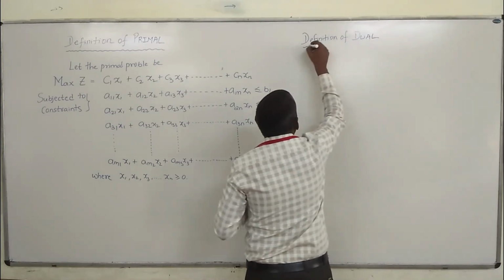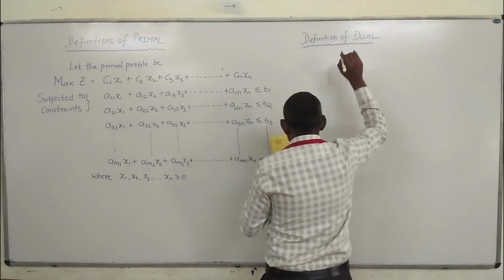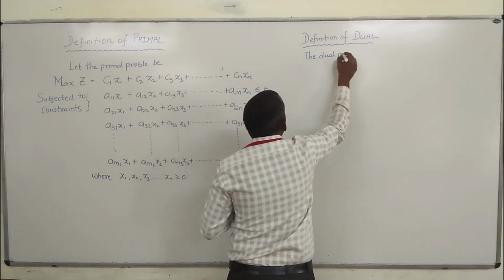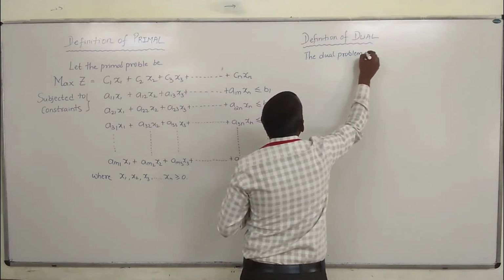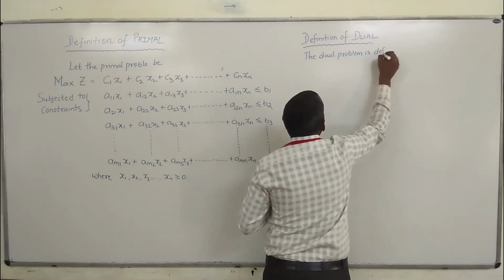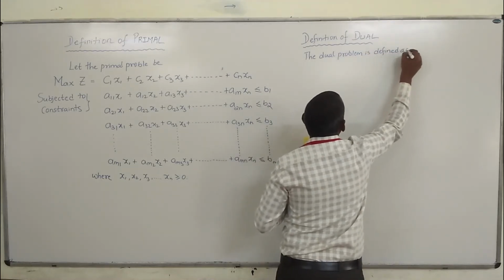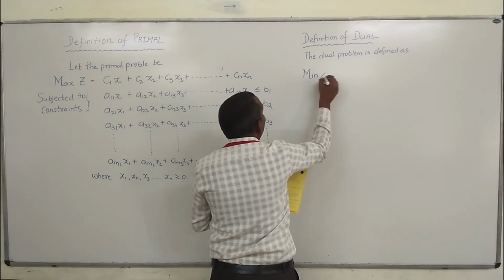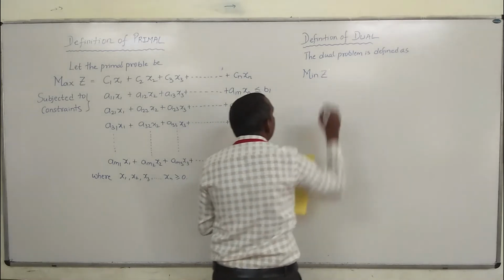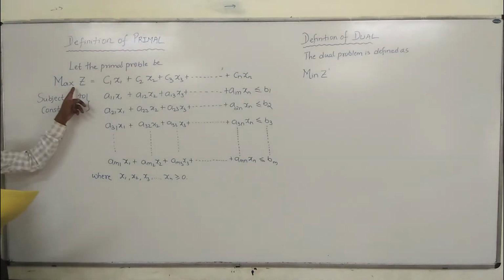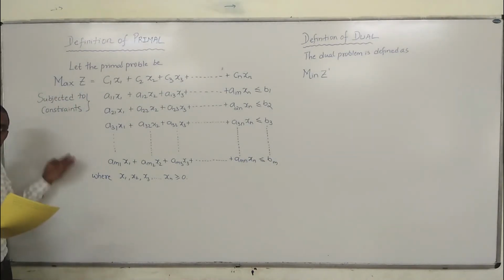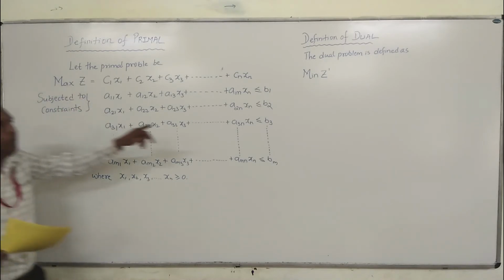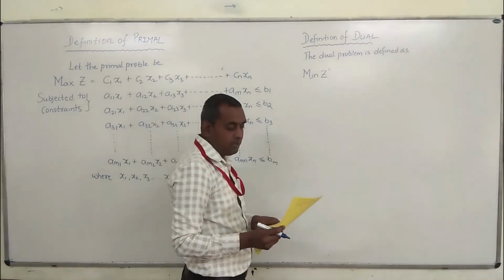The dual problem is defined as min Z1. I write 1 here because we have studied those 6 rules: if the primal is to be maximized, the dual has to be minimized and vice versa.